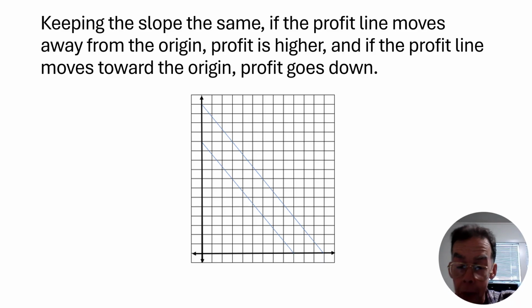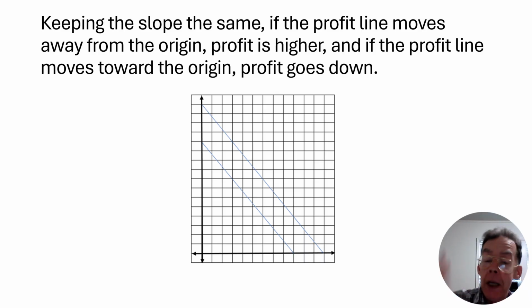As we move that profit line closer to the origin, it means less profit. So we want this profit line to be as far away from the origin as we can. And again, we're always keeping the same slope. So remember, that's our objective, to keep the profit line as far away from the origin as we possibly can, because that's going to be the highest profit.